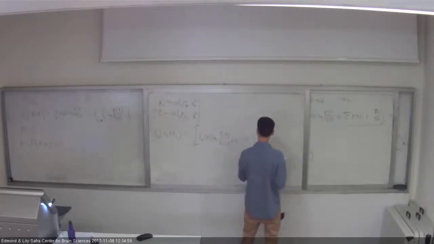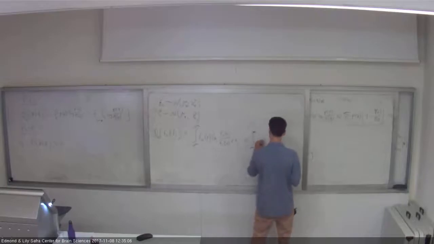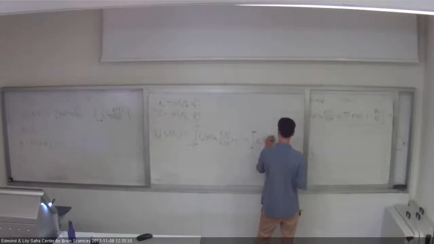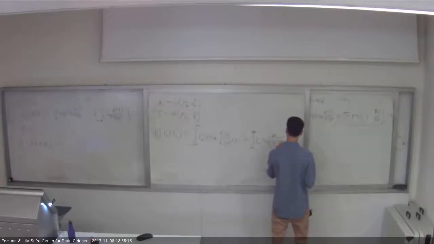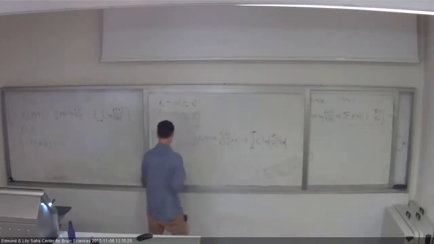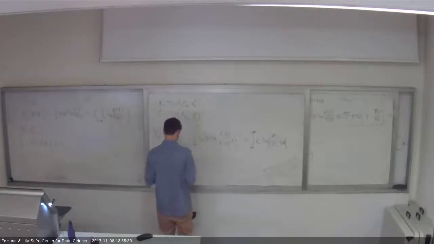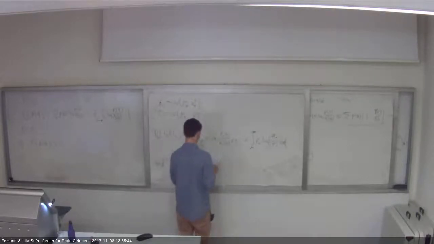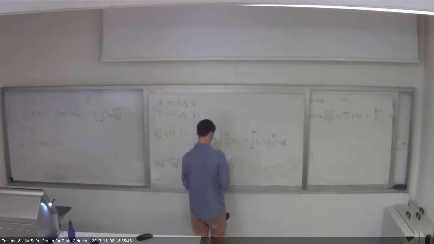Okay. So this is equal to the integral from minus infinity to infinity of f0 log of sigma 1 divided by sigma 0 times the exponent of minus (x minus mu 0) squared divided by 2 sigma 0 squared plus (x minus mu 1) squared divided by 2 sigma 1 squared dx.